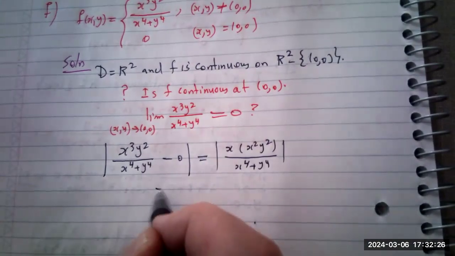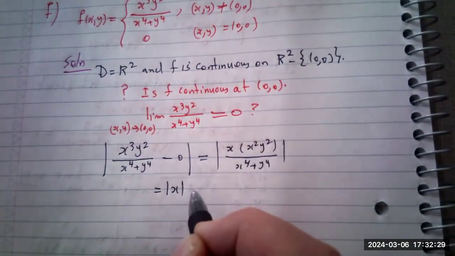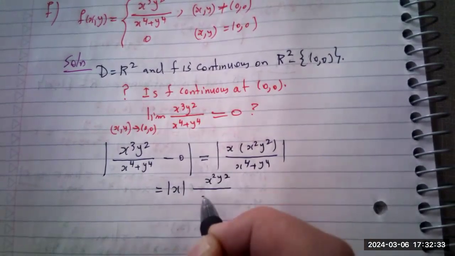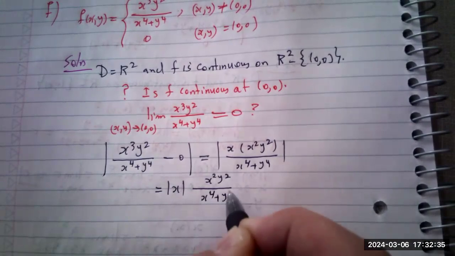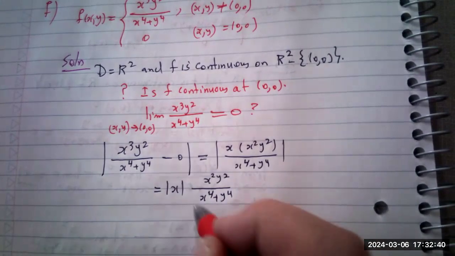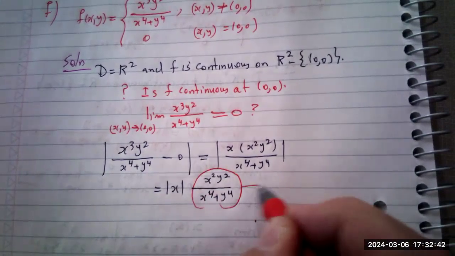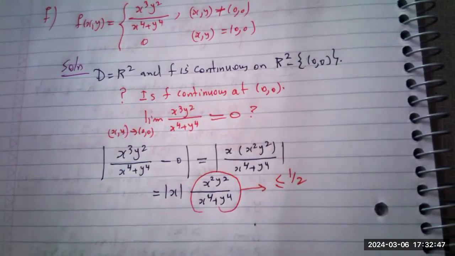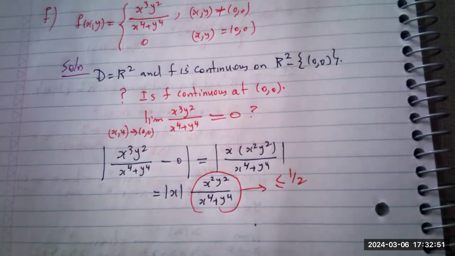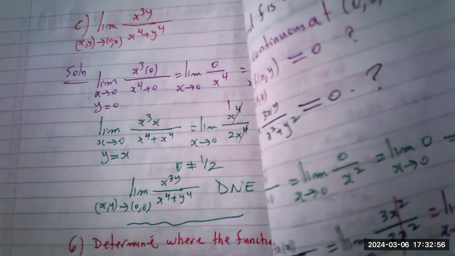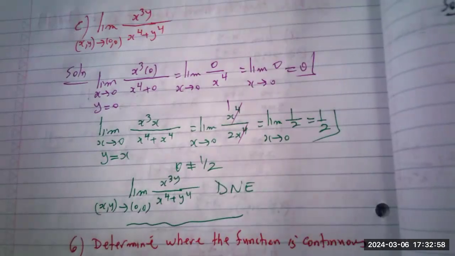So this is now the absolute value of x times x squared y squared over x to the 4th plus y to the 4th, where the leftover terms are all positive. Remember, I proved for you that you can use it anytime you like: this is less than or equal to 1/2. It comes from x squared minus y squared, whole squared, being positive. You can use this anytime because I've already proved it.